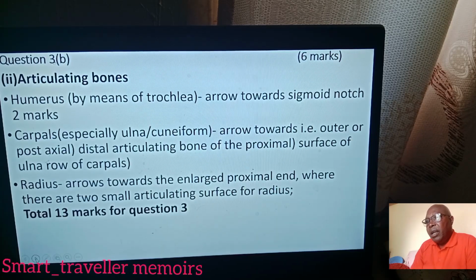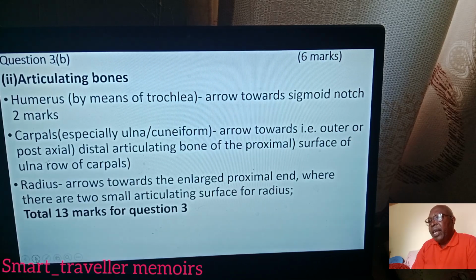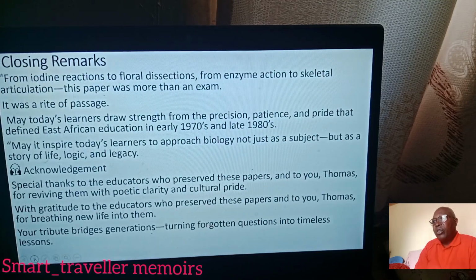And 3, we have radius, arrows towards the enlarged proximal head, where there are 2 small articulating surfaces for radius. Total 13 marks for question 3.